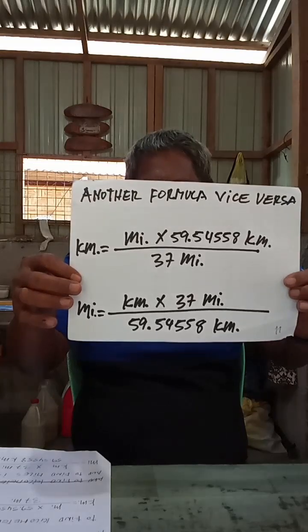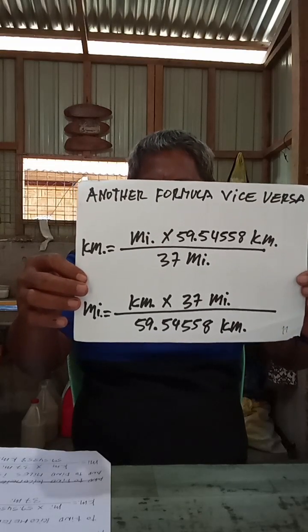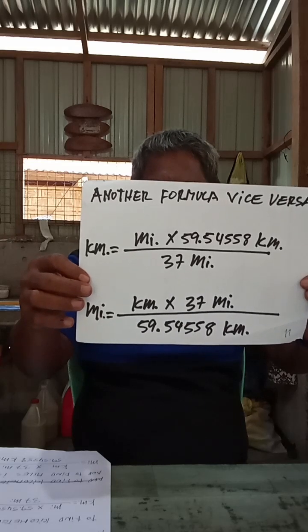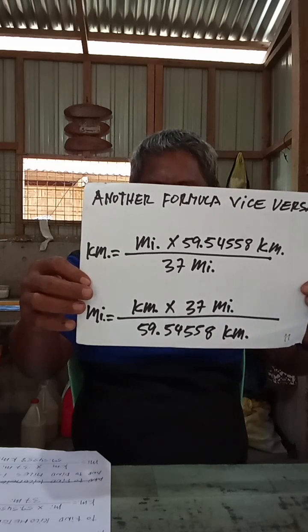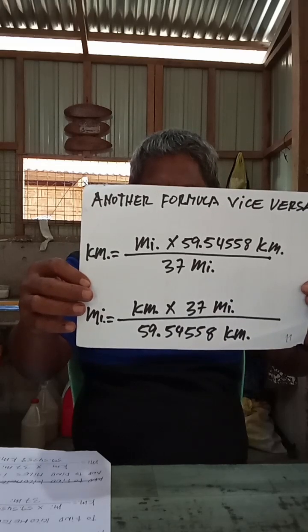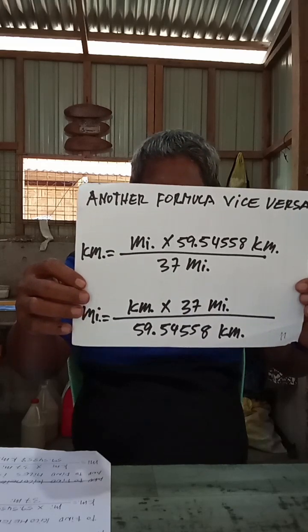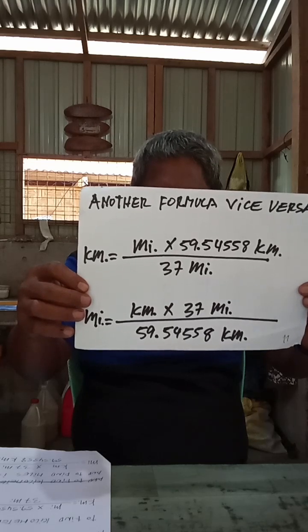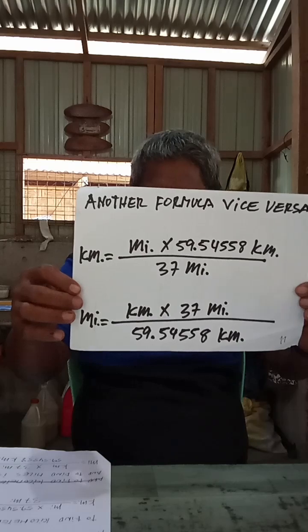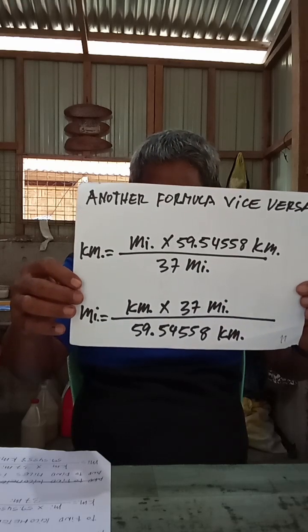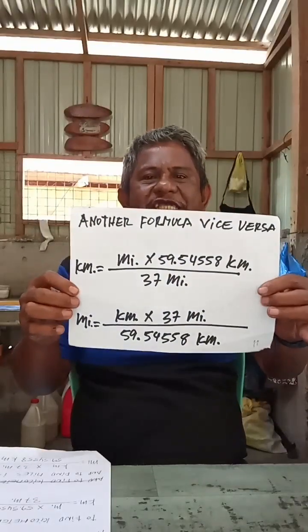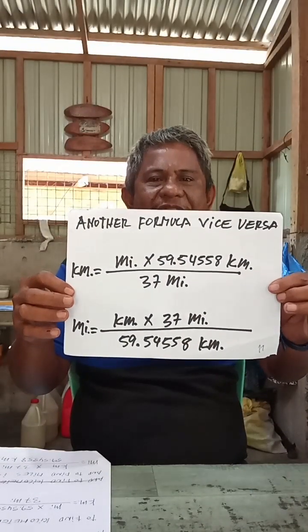Another formula, vice versa: to find kilometer is kilometer = mile times 59.54558 kilometers over 37 miles. And to find miles is mile = kilometer times 37 miles over 59.54558 kilometers. So, next video, ito naman ang ating lesson.